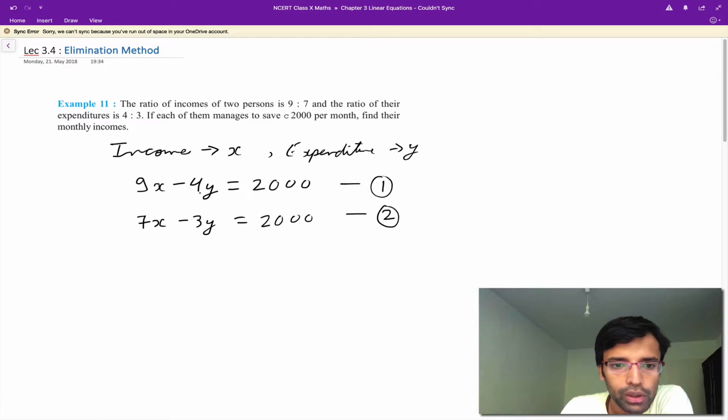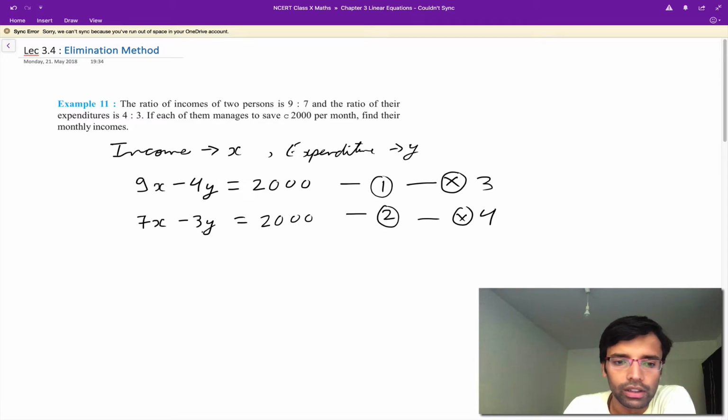Here the coefficient of y is 4, here it is 3. So let us multiply this equation with 3 and this equation with 4. So we are just multiplying with these coefficients. If we multiply this with 3, this gets 12. If you multiply this with 4, it becomes 12 as well. And then we can eliminate them.